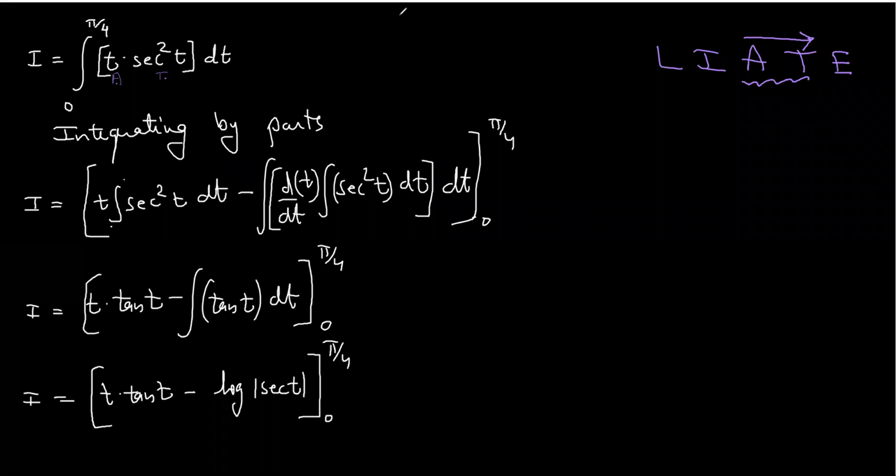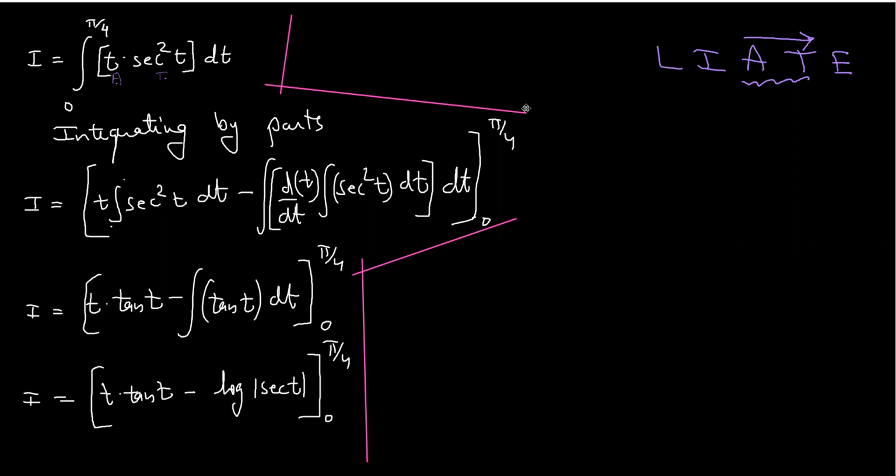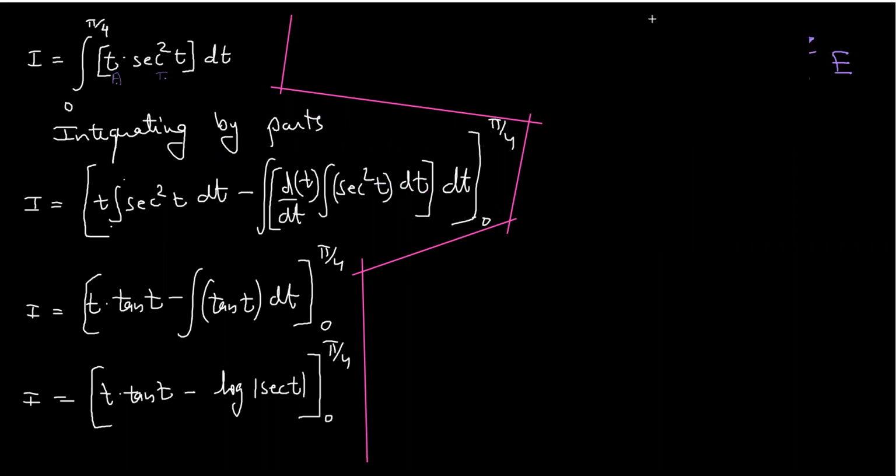Now the next step that we have is known as upper limit minus lower limit. And what does that mean? It means wherever you have t, you will write upper limit, then wherever t you have, you will write lower limit. So therefore I equals to, now inside this bracket, wherever t we have, we will write pi by 4.